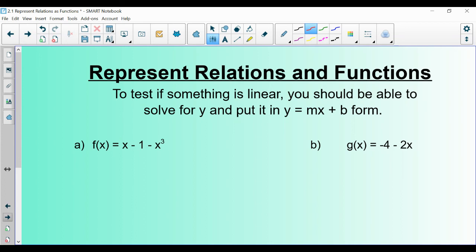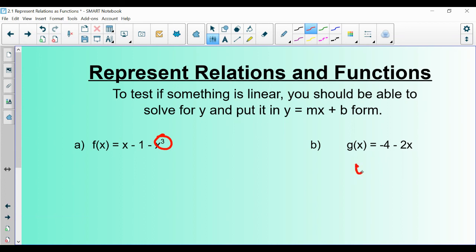So here you have a function f. Remember, this does not mean f times x. This is just saying a function. You could imagine f of x to be y. Is this linear or not? Of course, this is not linear because it's got that x cubed in it. This one here would be a function. Not only could you think of it as not having any of that stuff, right?